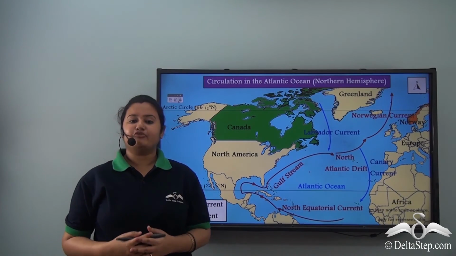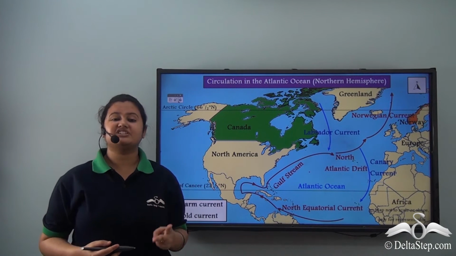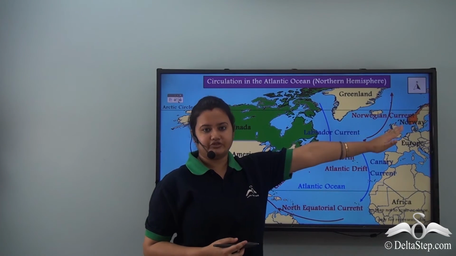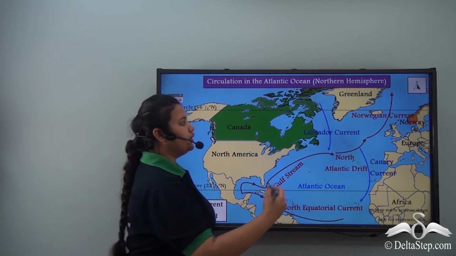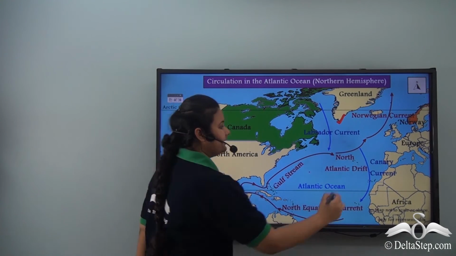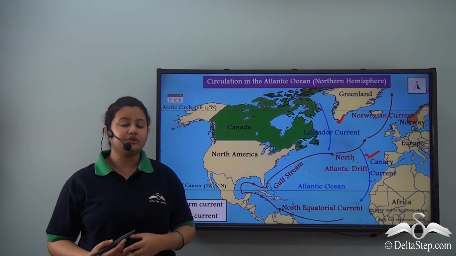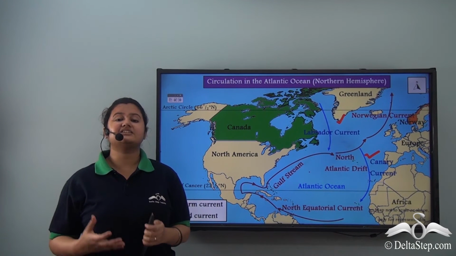So, as I have mentioned earlier, the North Atlantic drift actually branches into two parts when it reaches the western coast of Europe. Firstly, it travels northwards as the Norwegian Current, and it flows southwards as the Canary Current. Unlike the northern offshoot, the Canary Current is not a warm current, rather it is a cold current.